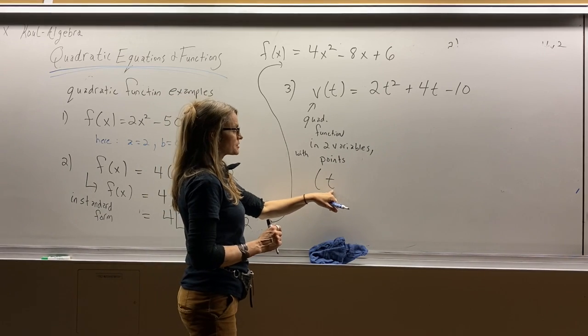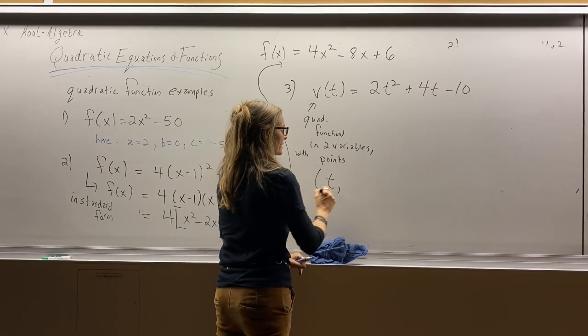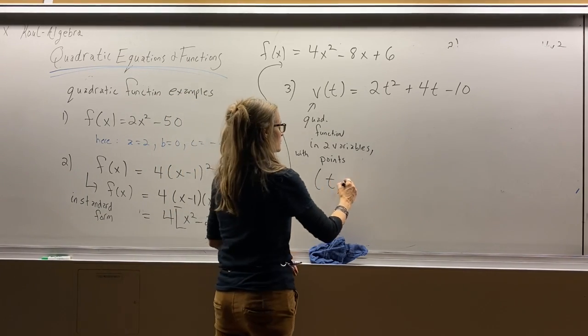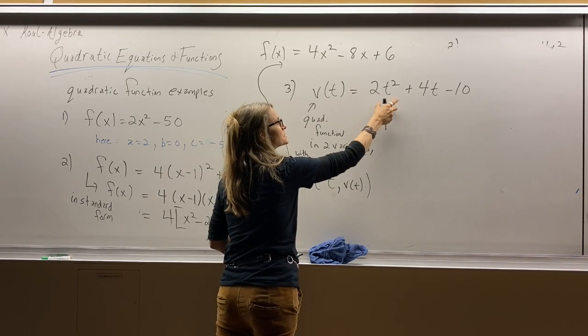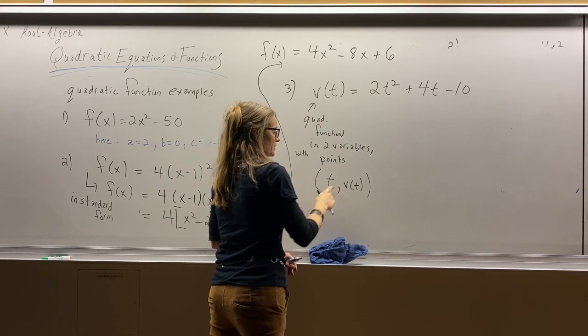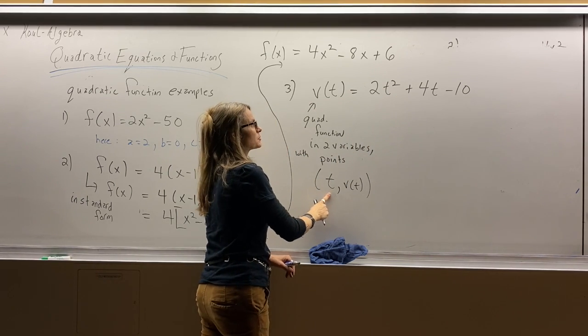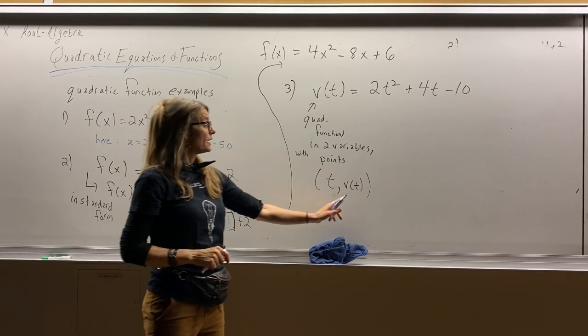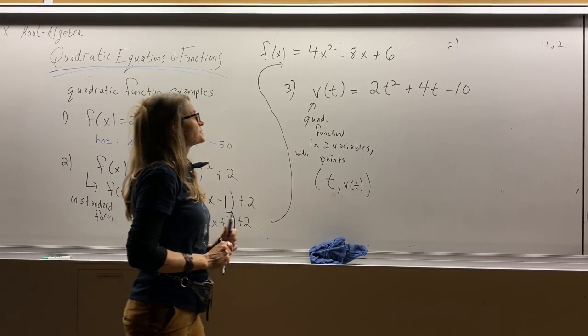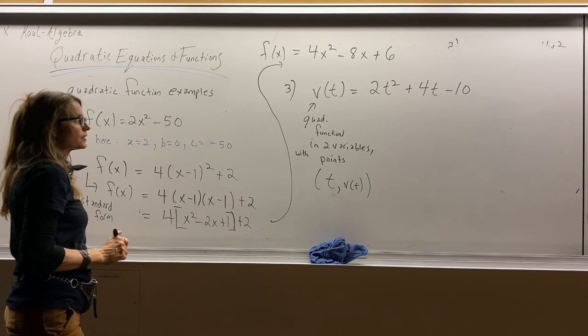We have time as our independent variable, and instead of a y, we'll use velocity as a function of time. Whatever input we put in here is the independent variable, and the output that's produced will be the velocity value, right here. So there's another example of a quadratic function.